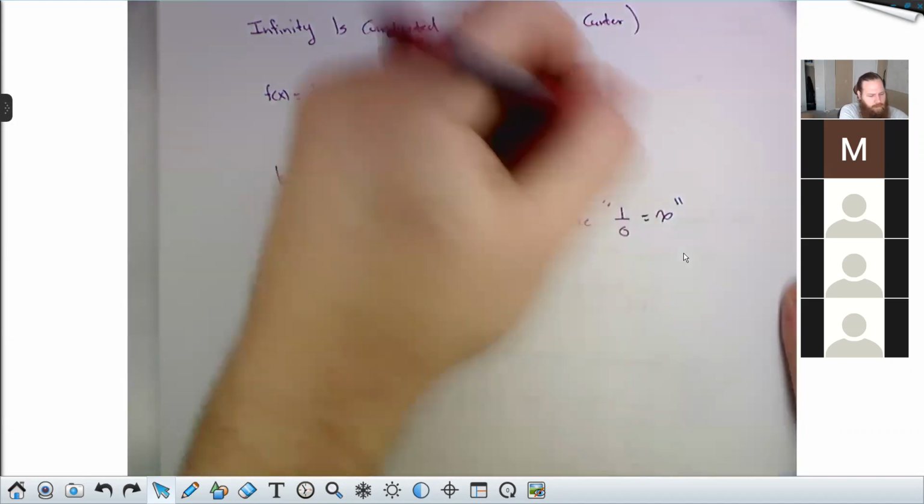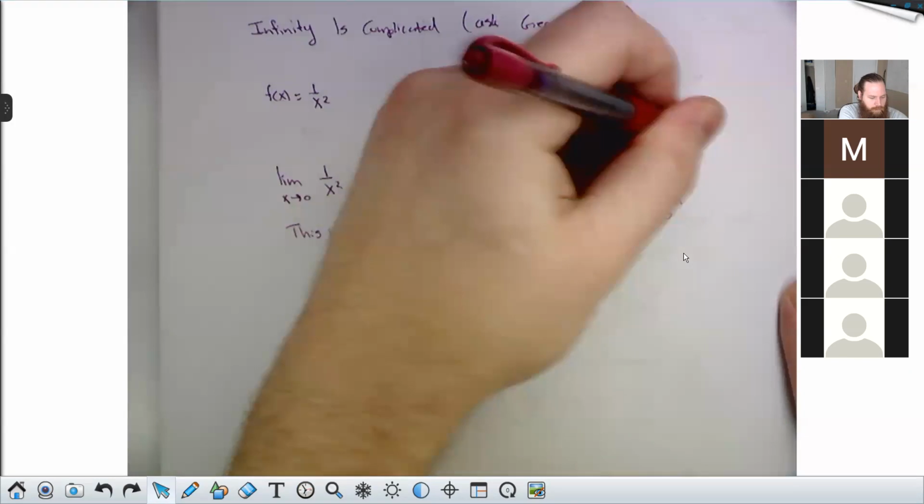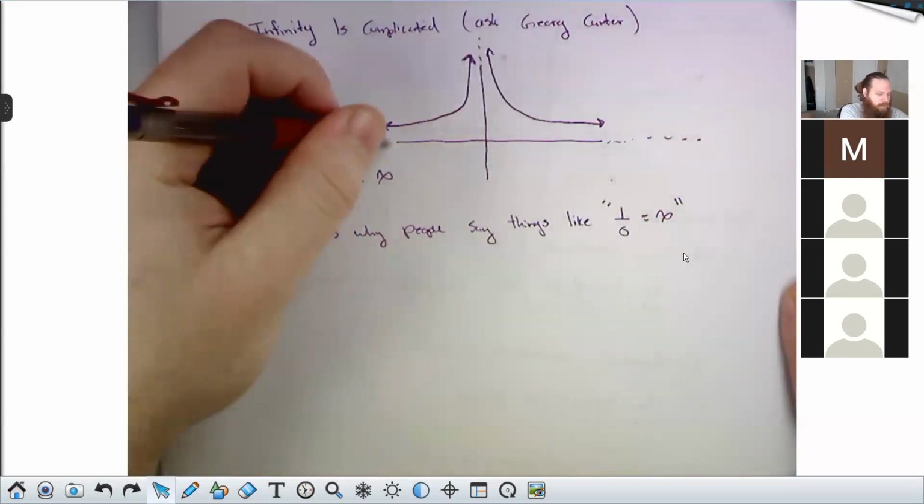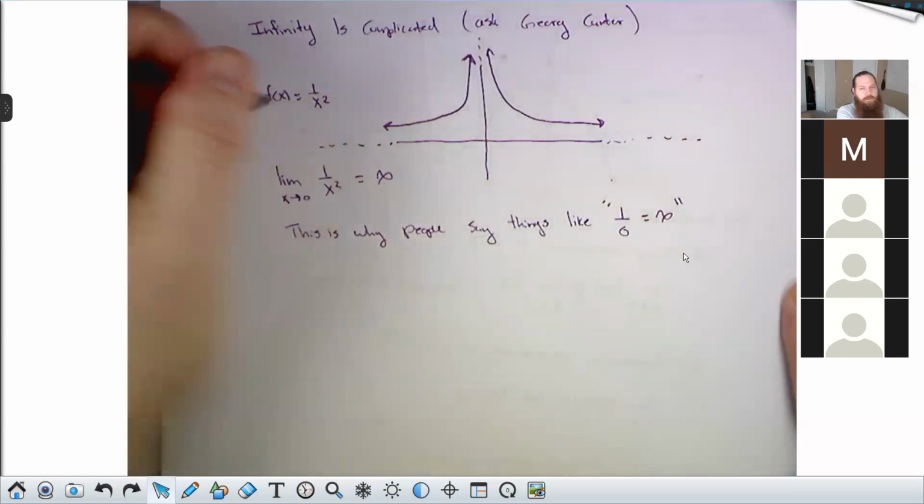I would like to introduce the idea that 1 over infinity is also 0.